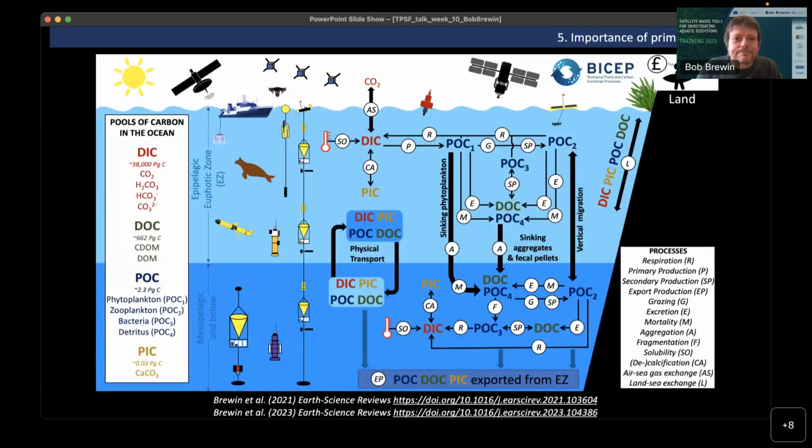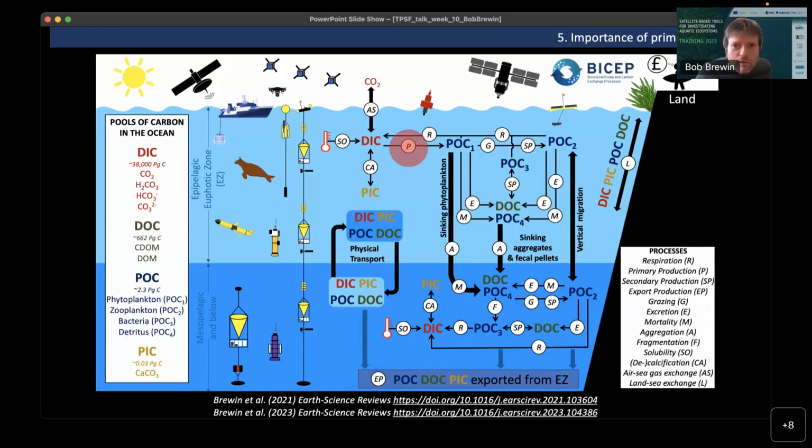Okay, so what is this process of primary production then, and why is it important? Well, this is a schematic diagram. I think Tom might have shown this one last week as well, a simplification of the ocean carbon cycle. And where does primary production lie?